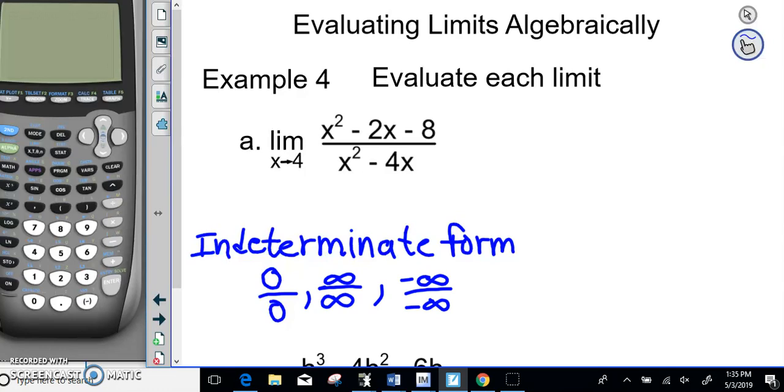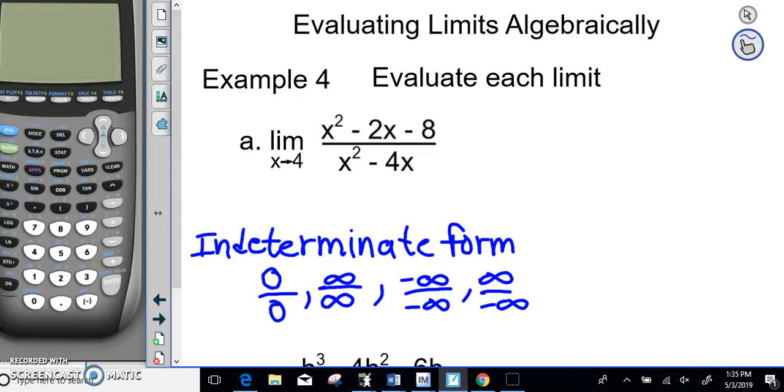That's all indeterminate because it's either infinities or 0 over 0, which is not an answer. If you get any one of these, that means you have to algebraically work it out.